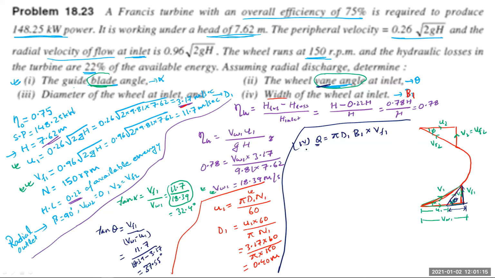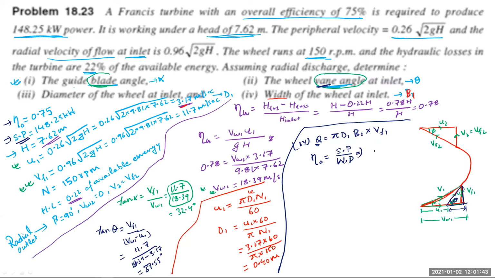What is Q? In the given data, there is one relation that I have still not used, which is your overall efficiency and your shaft power. We all know that overall efficiency equals shaft power upon water power. Shaft power is also given here.